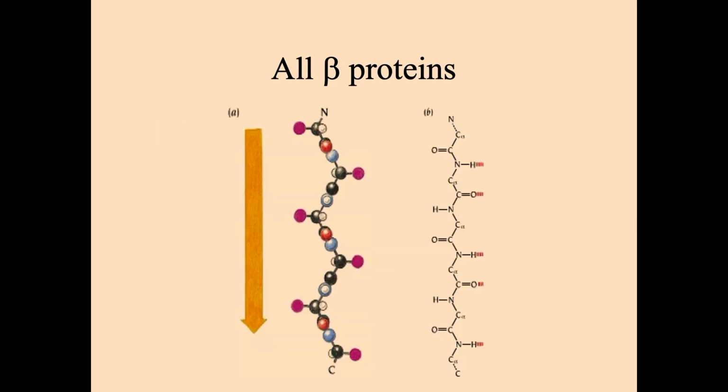So here, hydrogen bond donor, acceptor, donor, acceptor, and over here, same thing, donor, acceptor. So these can all make hydrogen bonds on the main chain, but a single beta strand does not make any of them. So it's not going to be a happy situation. So we're not going to talk about a single beta strand.